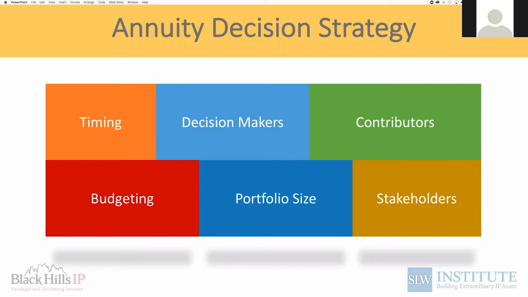Those involved can include decision makers, contributors, and stakeholders like your IP counsel, patent engineers, product managers, folks with varying levels of involvement or decision-making input at different stages. And all of this can affect the strategy that's used to make an annuity decision within a portfolio.